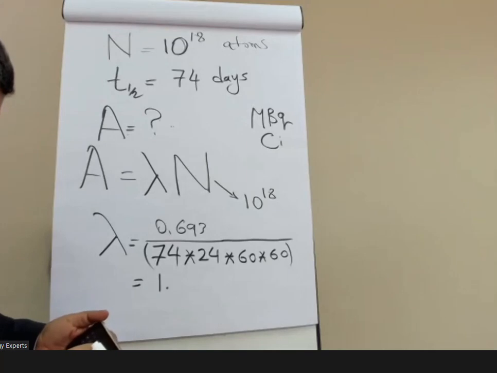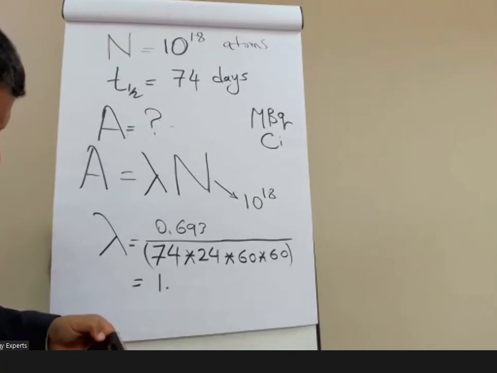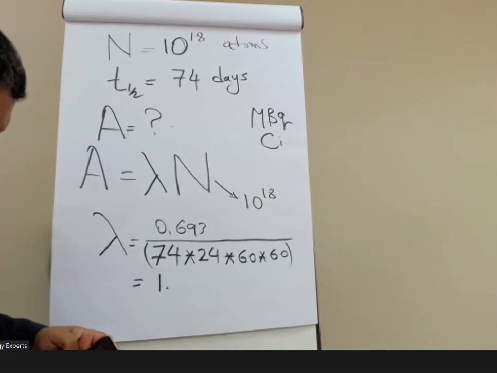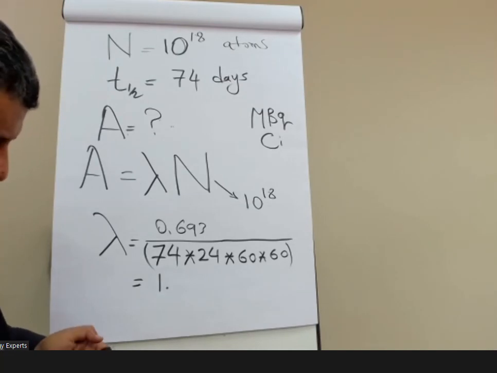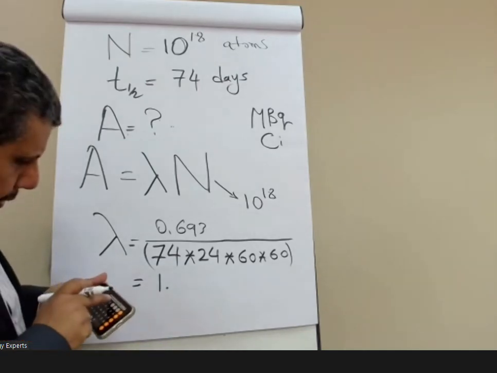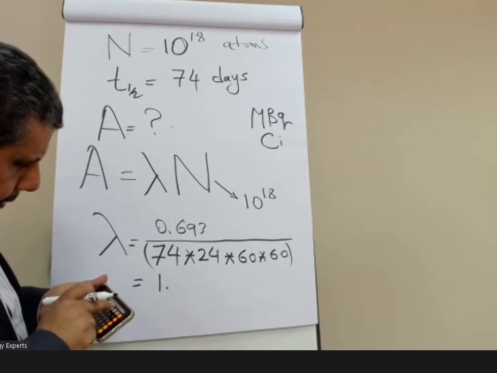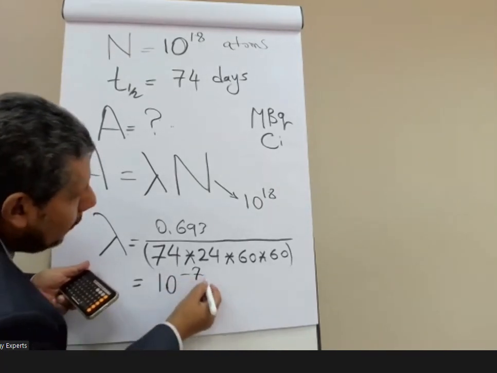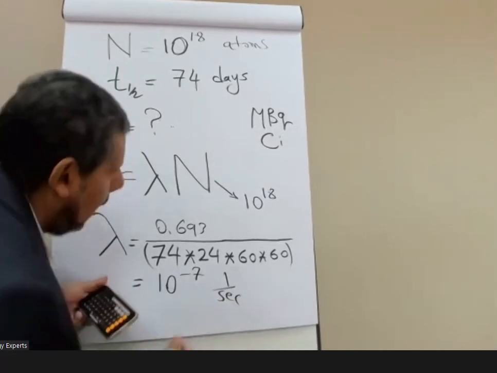0.693 divided by 74 times 24 times 60 times 60. Now it is about 10 to the minus 7, about 1 over second.